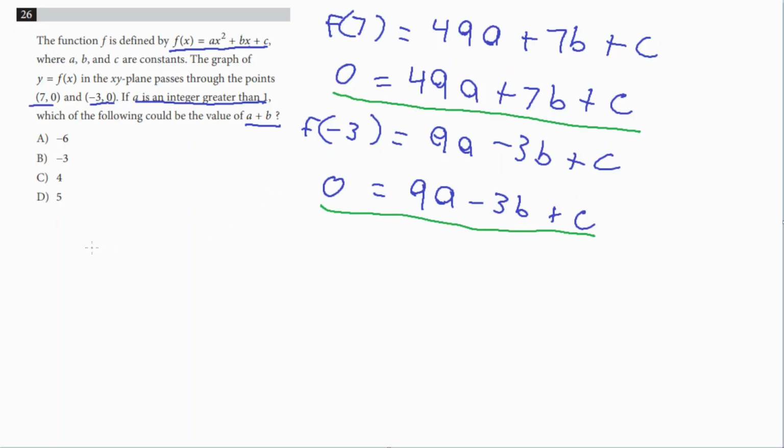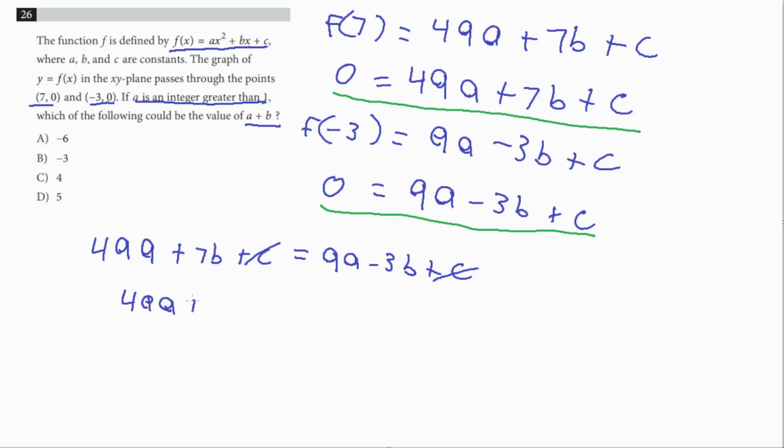So then we can set 49a plus 7b plus c equal to 9a minus 3b plus c. We can cancel out a c on both sides, leaving us with 49a plus 7b equals 9a minus 3b.